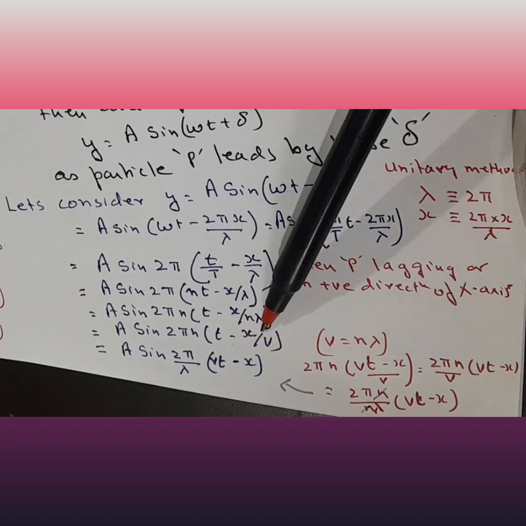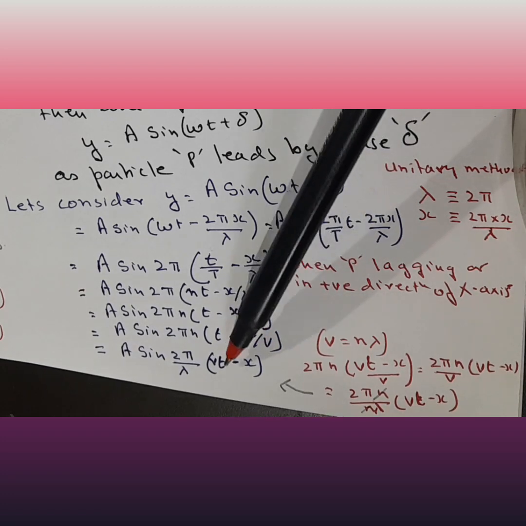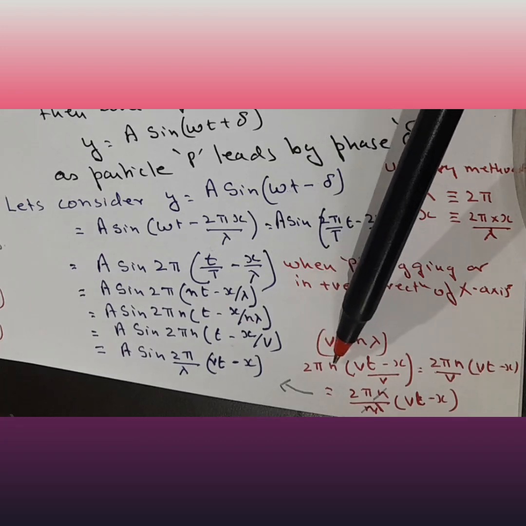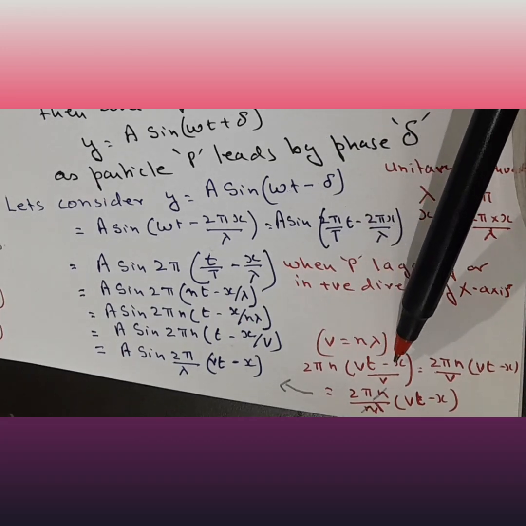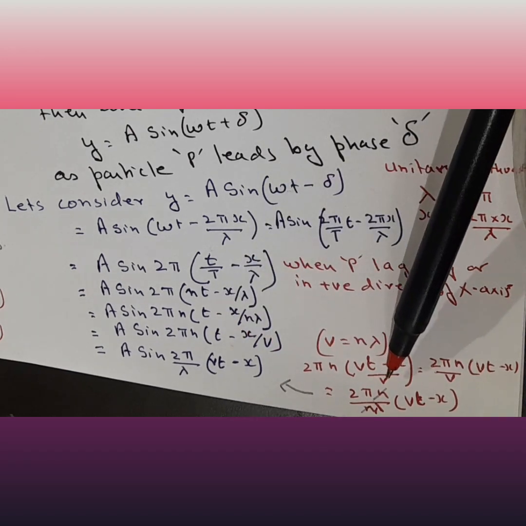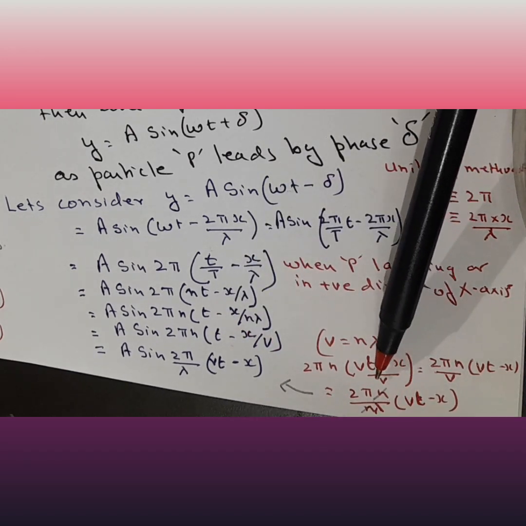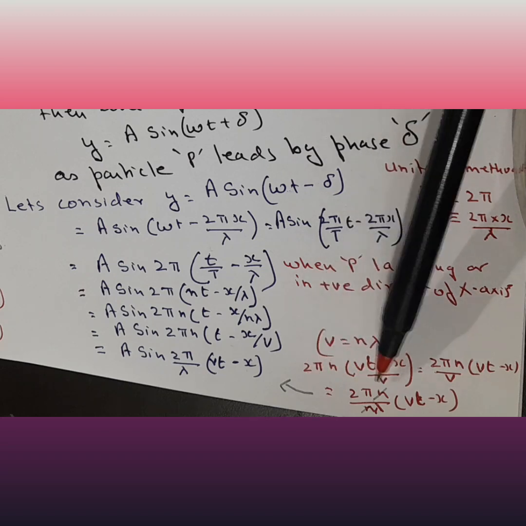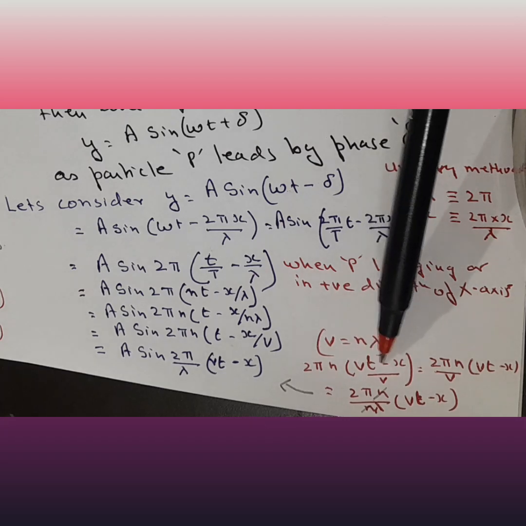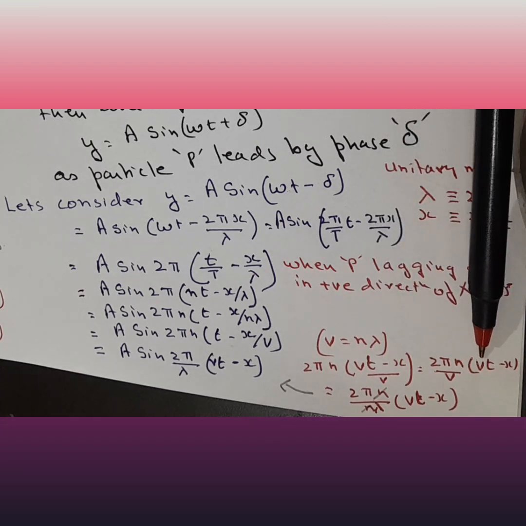Then further, let's understand this part. Now see, 2 pi n (vt minus x) over v. What did we do? We just took the LCM, and then we took v out. If we take v out, vt minus x remains in the bracket.